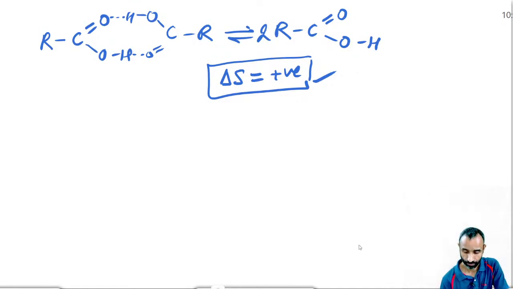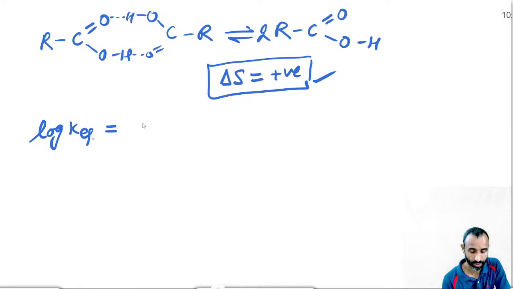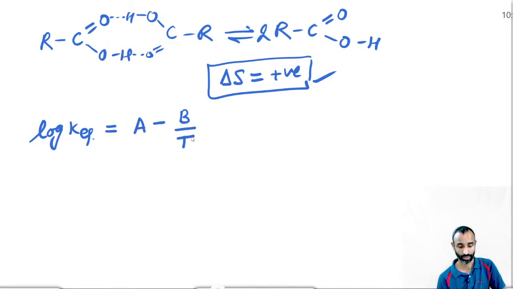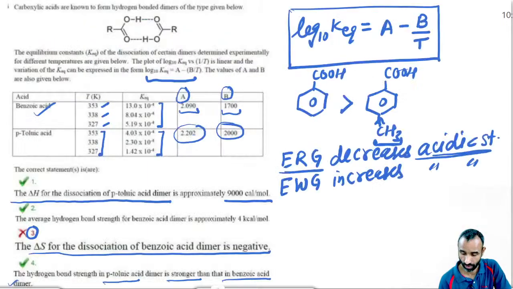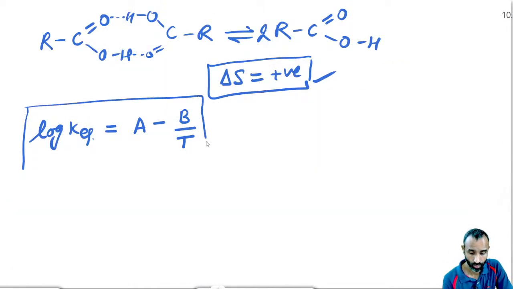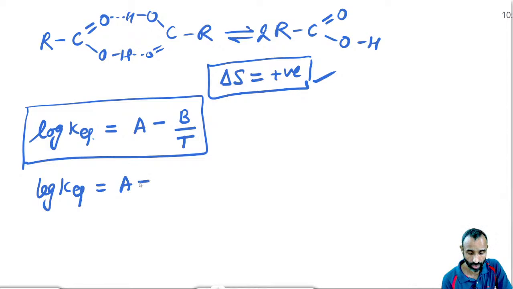At the same time, log K equilibrium is equal to A minus B upon T. Actually, the exact relation is log K equilibrium equal to A minus delta H by 2.303 RT.